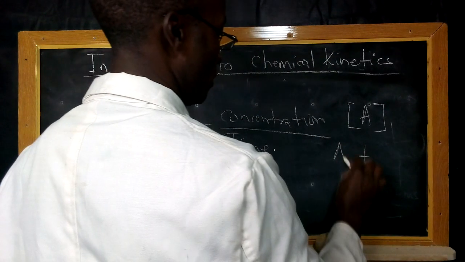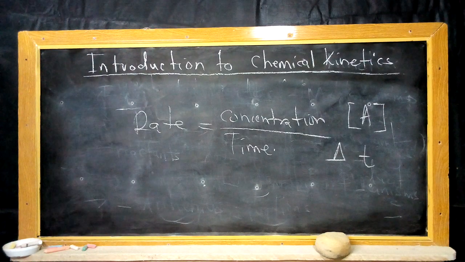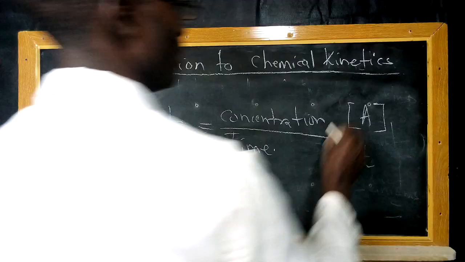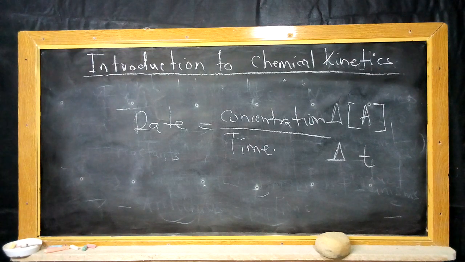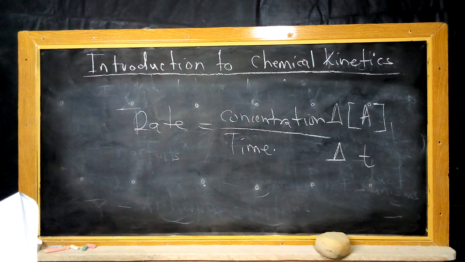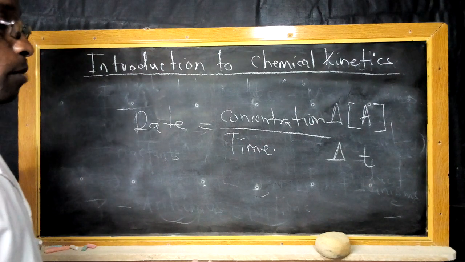So this particular kind of reaction is going to take place over a specific period of time, and the concentration is going to vary, maybe either the concentration of a product or the concentration of a reactant. So when we are talking about a reactant, of course the concentration is going to decrease since the reactant is being consumed to form a product.